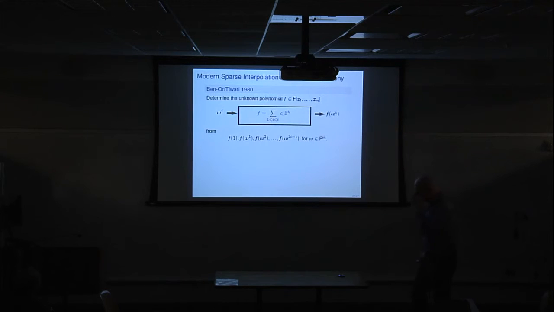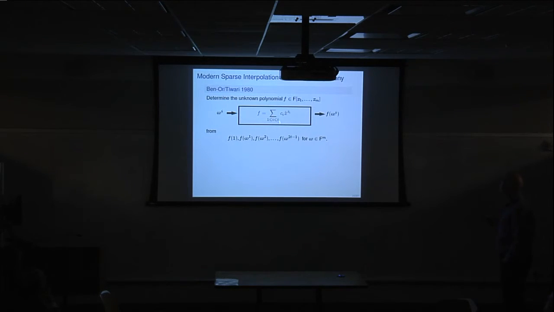Okay, now skip forward to 1980, and there was what's regarded as a breakthrough result in computer algebra and complexity, by Michael Ben-Or and Prasoon Tiwari. You have a polynomial f that you can evaluate as a black box. We don't know the polynomial.